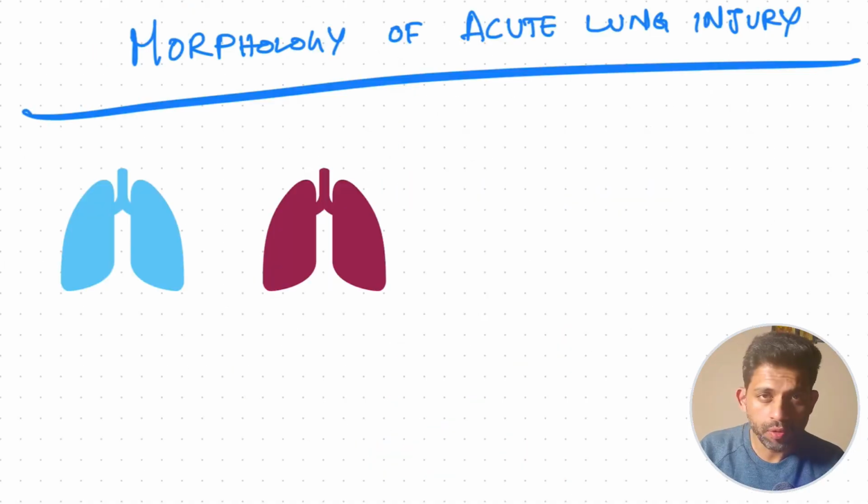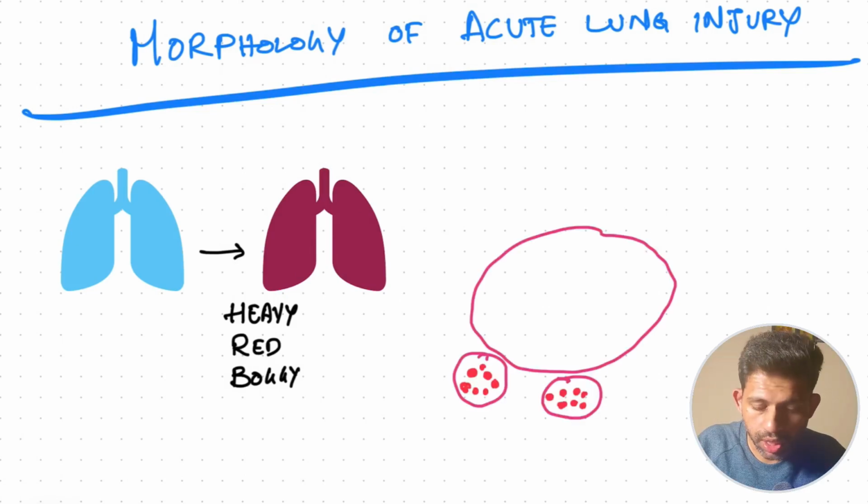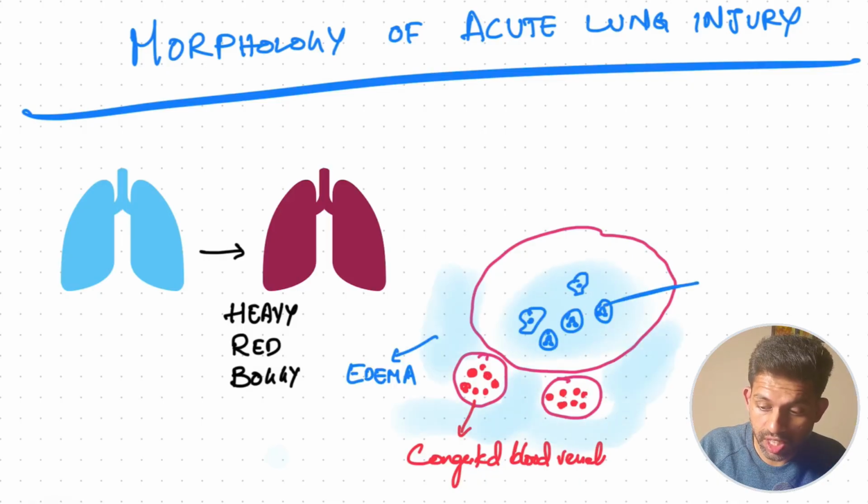Now let's look at the morphology of acute lung injury. The lungs become heavy, reddish and boggy, like wet and muddy. And microscopically, in the initial stages you see congested blood vessels, interstitial and intra-alveolar edema, lots of inflammatory cells, and the classic hyaline membrane.